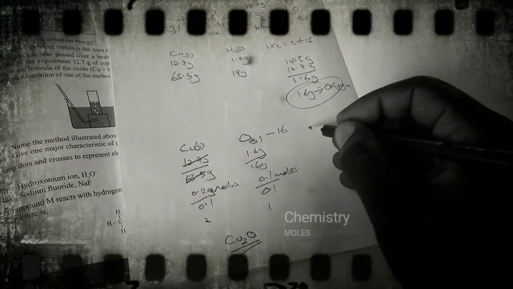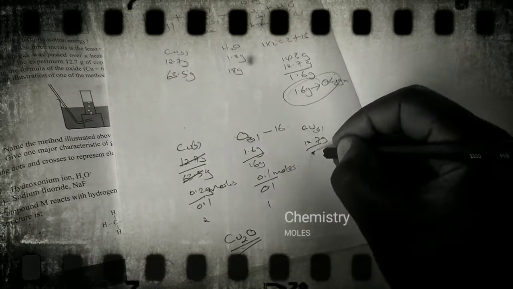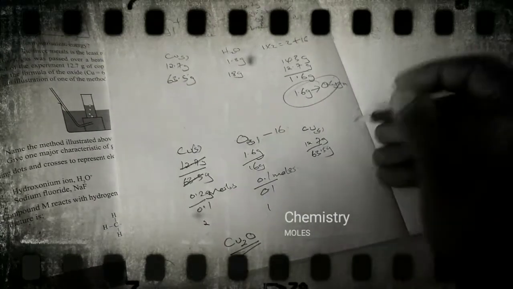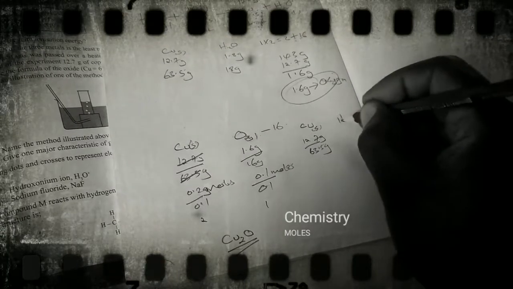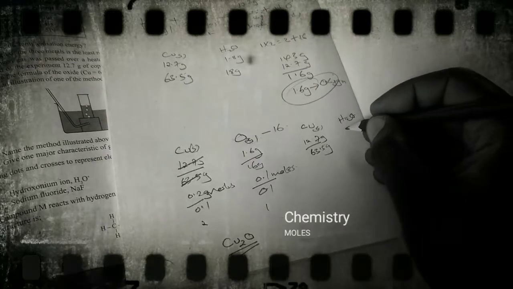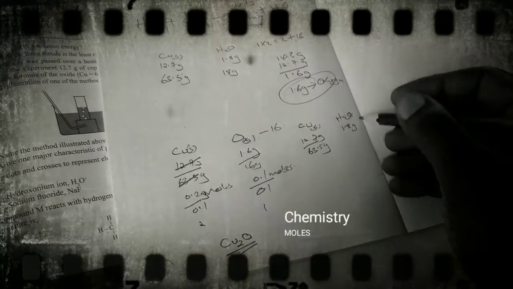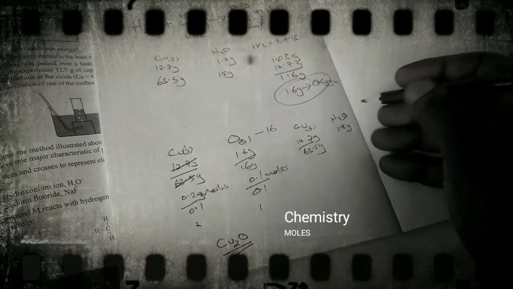The other alternative way, remember we have the relative atomic mass of copper, so that will be a little bit direct. But now when you come to water, you need to break it down. Water has a total of 1.8 grams. So we need to find for oxygen.